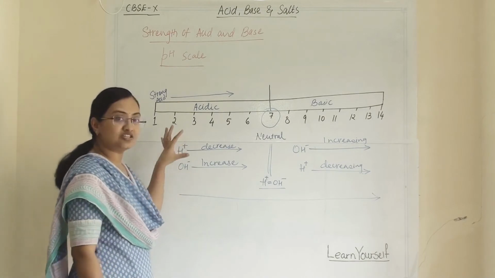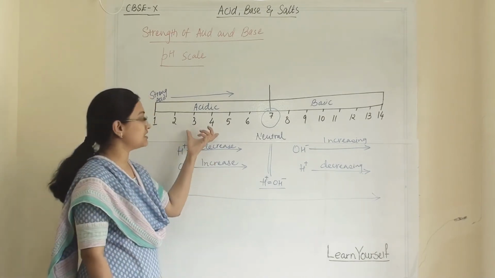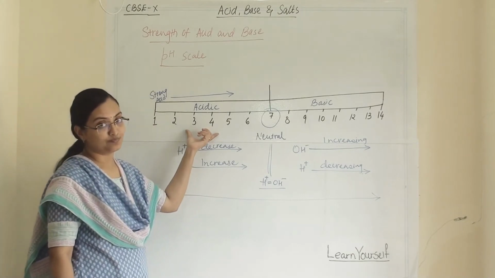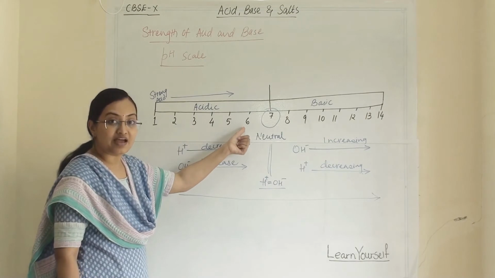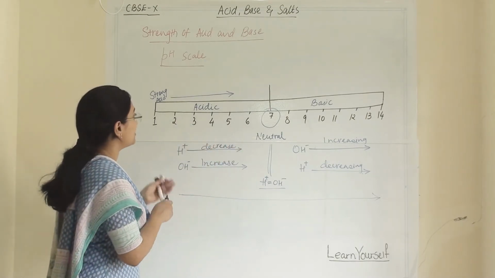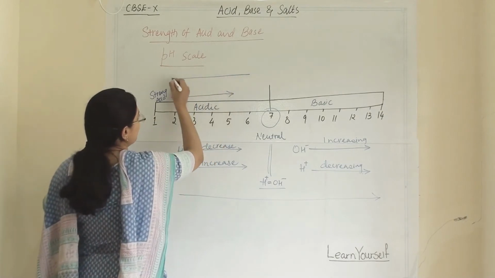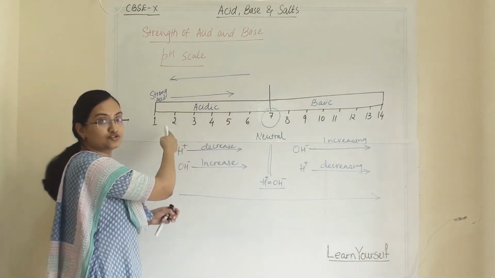When H plus is dominating, the acidic character is more and that is termed as an acidic solution. As the pH decreases, the character of the acid becomes stronger. Going in reverse, from 6 to 1, the acid becomes stronger and stronger.